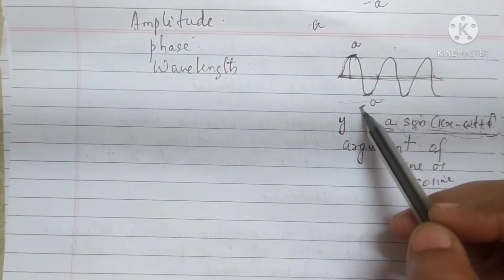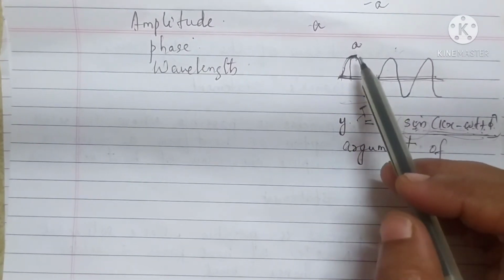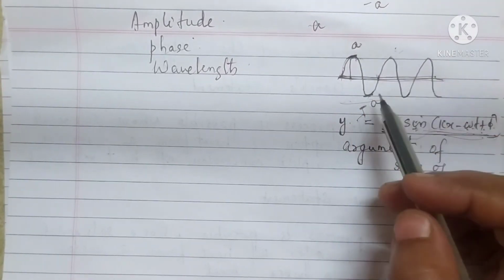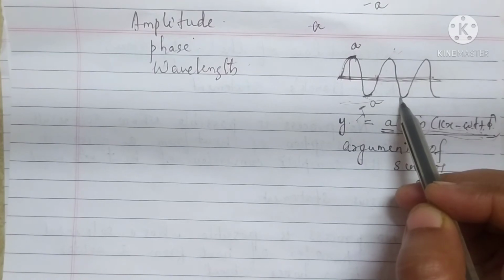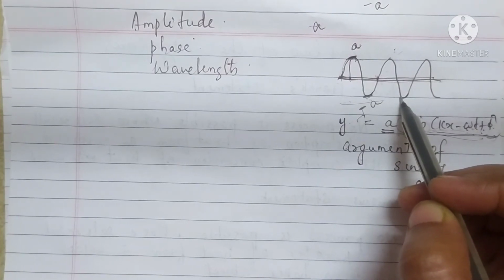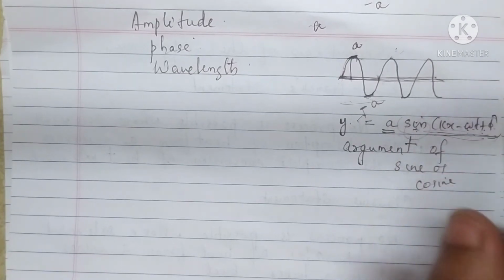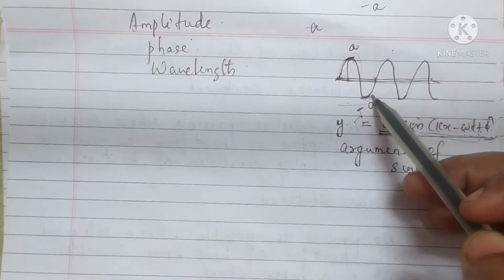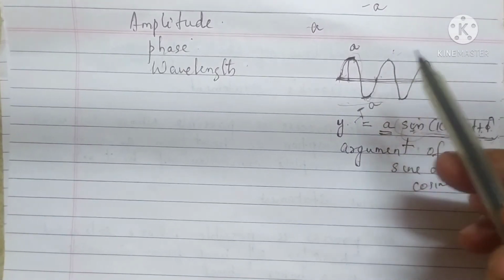That is correct. Also you can say the distance between two crests or the distance between two troughs. That is also correct. So, it is the distance traveled by a wave during the time in which any particle of the medium completes one vibration.